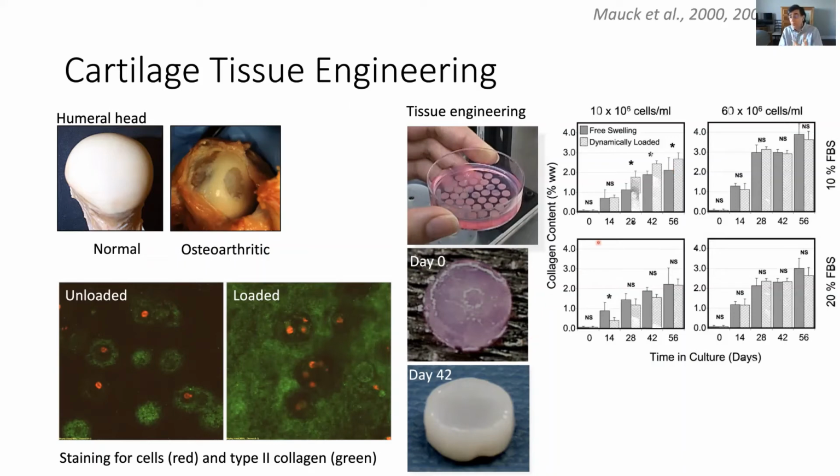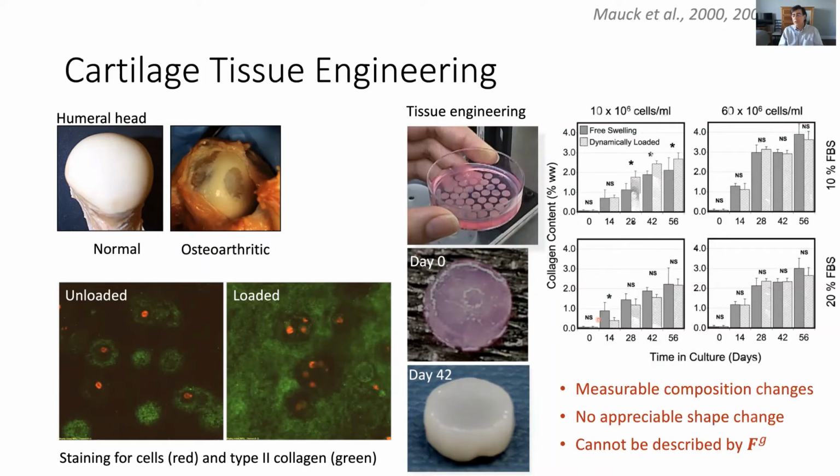Obviously, as the collagen content increases, the construct becomes stiffer. I'm not showing you the material properties, but they depend on the composition. Everything varies with the composition. These are different culture conditions. They all show an increase in collagen. So basically, you can measure the compositional changes. There's no appreciable shape change. This type of growth cannot be described by the growth tensor.